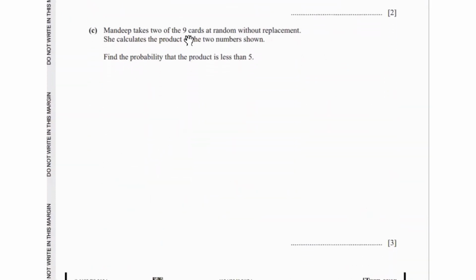Then it says Mandeep takes 2 of the 9 cards at random without replacement. Without replacement is the keyword over here. She calculates the product of the 2 numbers shown. Find the probability that the product is less than 5.